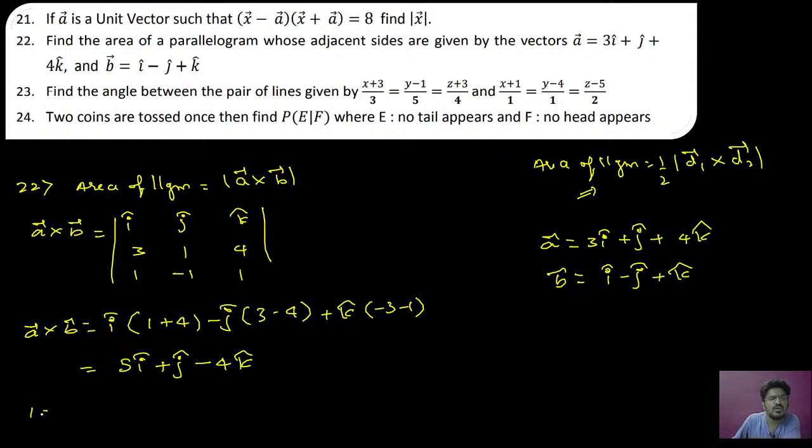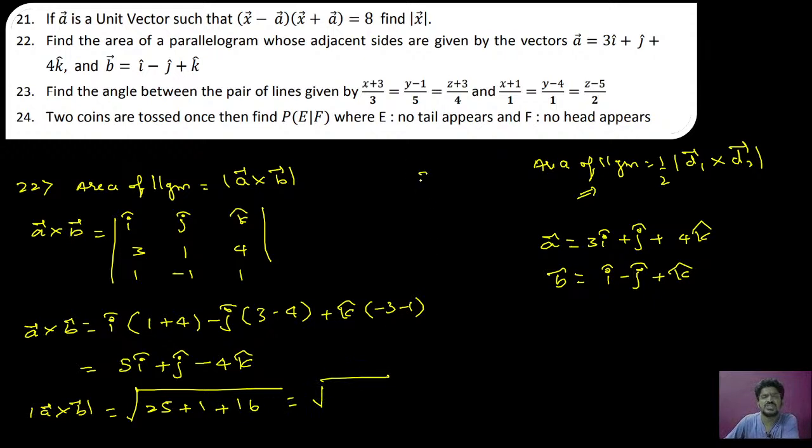So that will be mod of vector A cross vector B equal to square root of 25 plus 1 plus 16. So that will be equal to 25 plus 16 is 41, root 42. So your answer will be root 42.